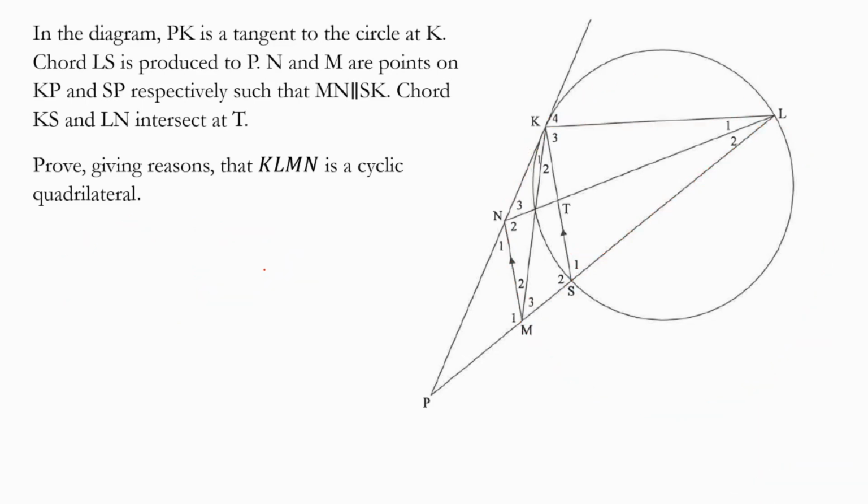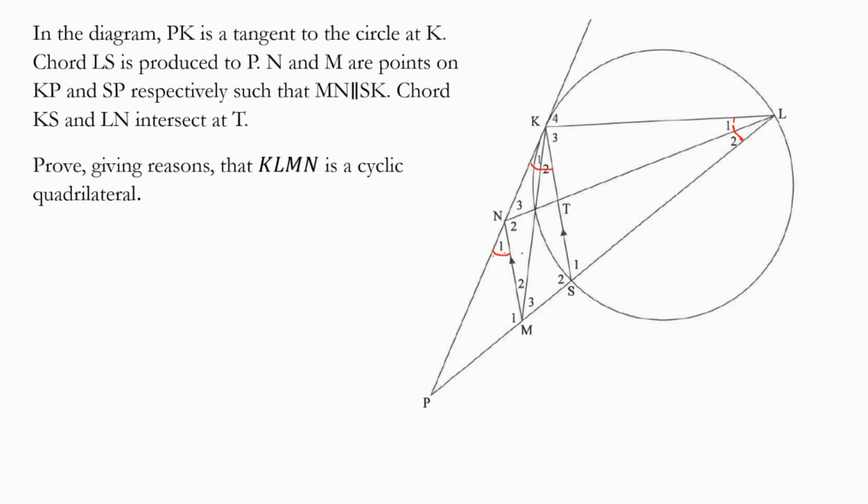All right, for the second method, we're going to use the side of our tangent. Let's talk about angle N1 and angle NKS. You see that? Angle N1 and angle NKS, they are equal. Why are they equal? These are corresponding angles, isn't it?